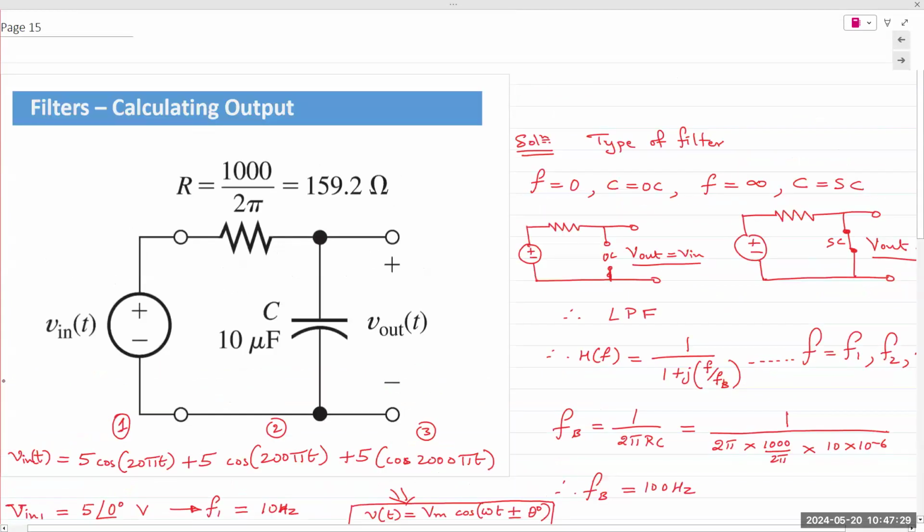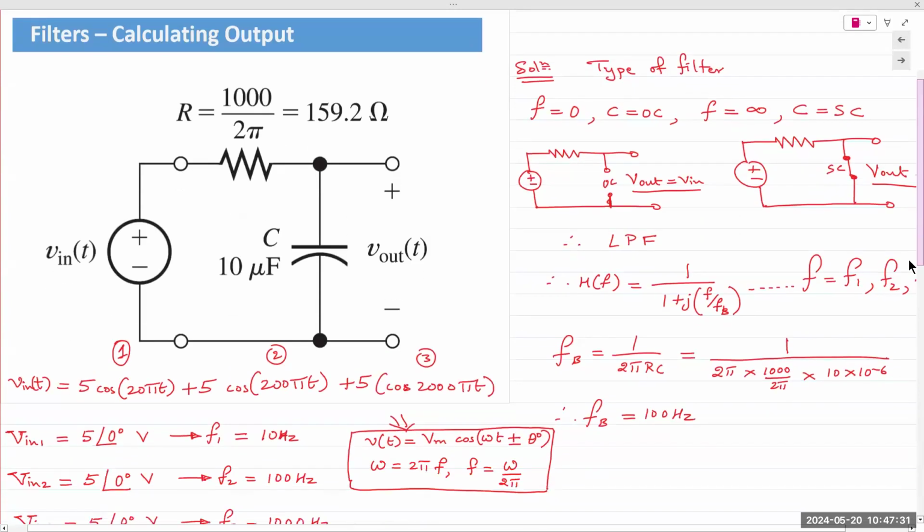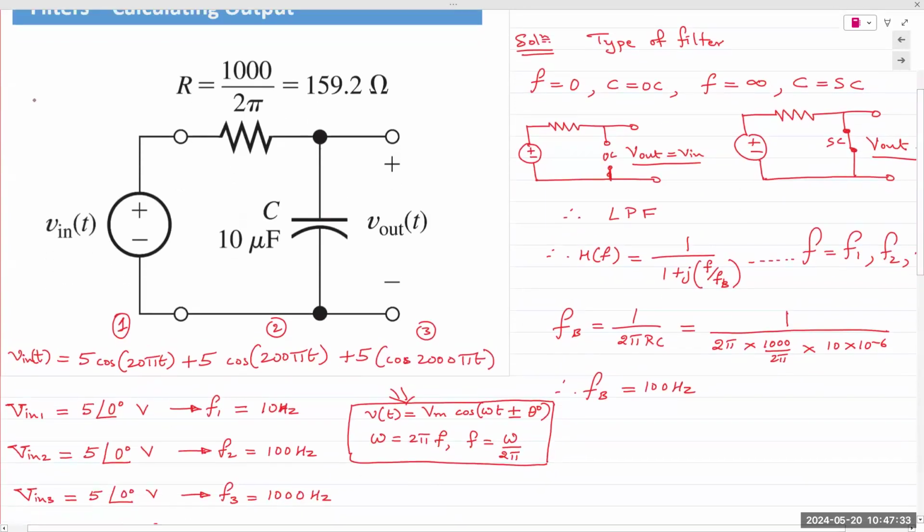V in of t is given to us, and we are asked to calculate V out of t, the output voltage as a function of time. So V out of t is the deliverable. Values for the components are given, and V in is also given.